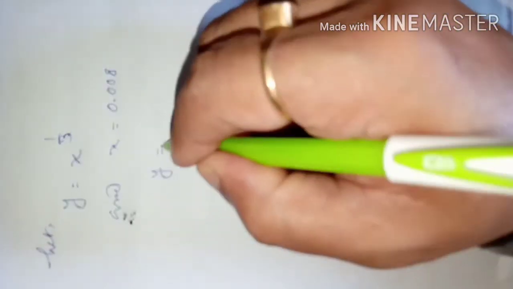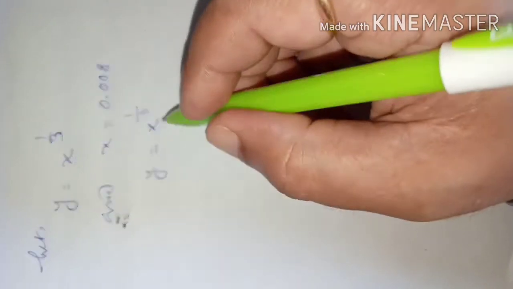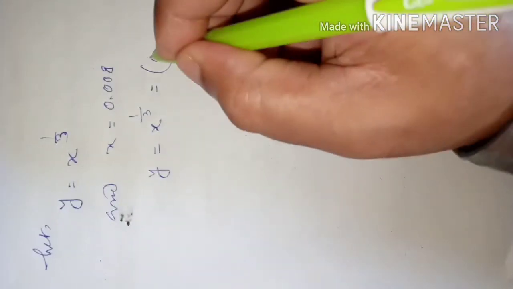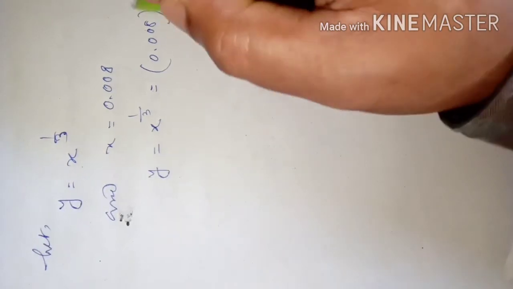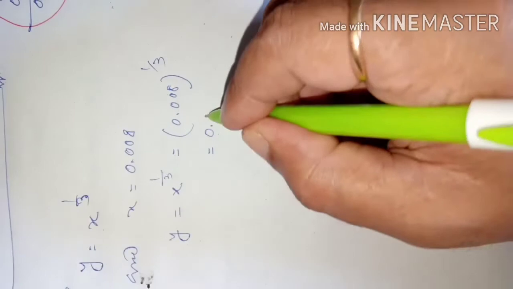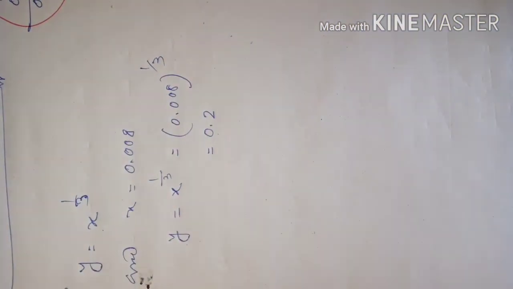The cube root of 0.008 is equal to 0.2, because 8 is a perfect cube number.